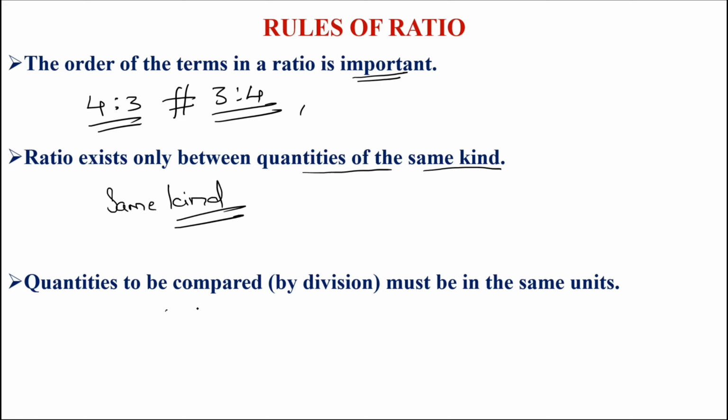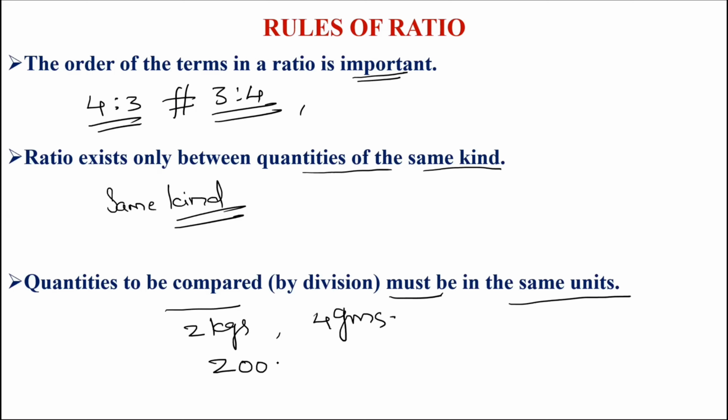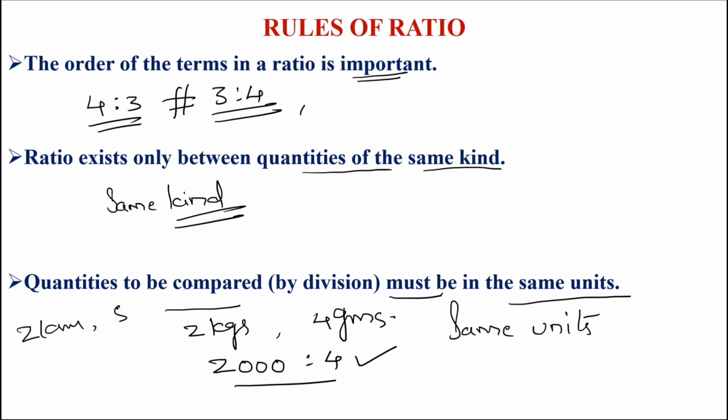And quantities to be compared by division must be in the same unit. For example, 2 kg cannot be compared with 4 grams. You have to take 2000 grams is to 4 grams. Only this we can compare, so you have to take the same units. If you consider 2 kilometers and 5 meters, you have to convert the meters into kilometers, or the kilometers into meters.